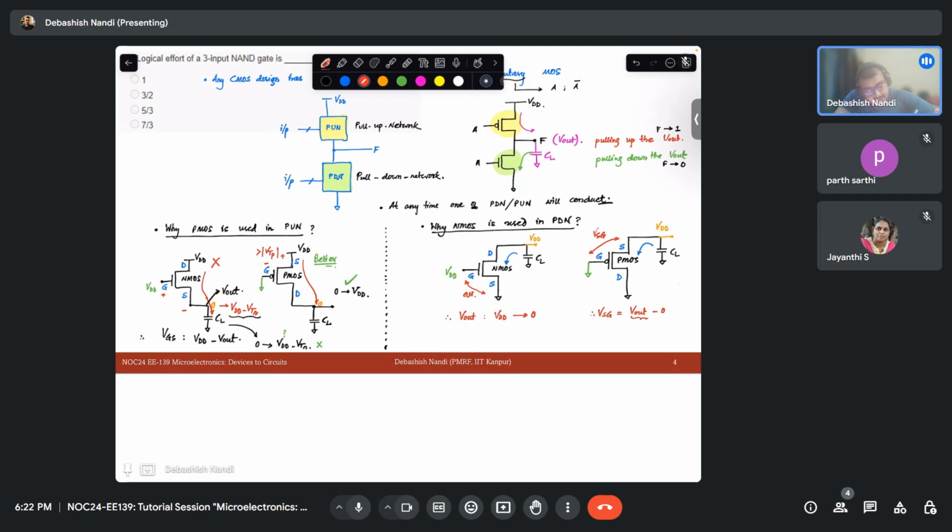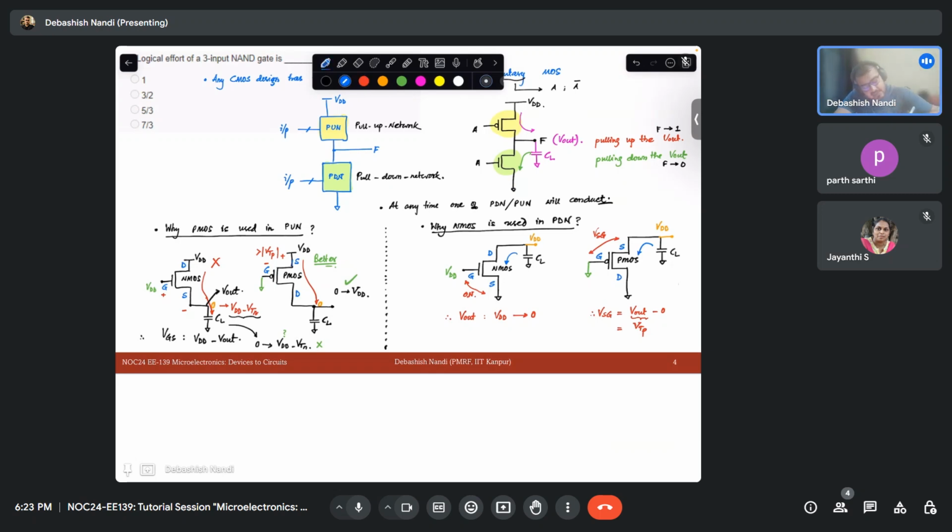So V out is basically discharging, and the level of voltage at V out will drop. As soon as it drops below the threshold voltage of the PMOS, my transistor will be off. So there will be no path. That means my capacitor will not get discharged further.